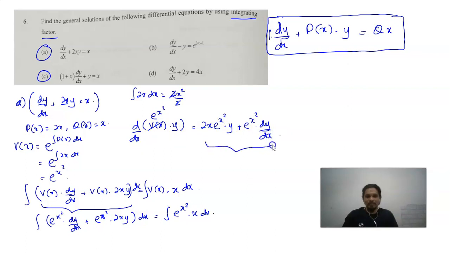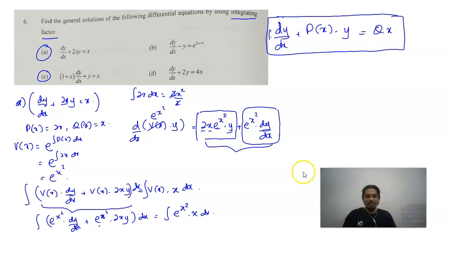Let's compare everything: e^(x squared) dy/dx, we get it here, and e^(x squared) times 2xy, it's all here.